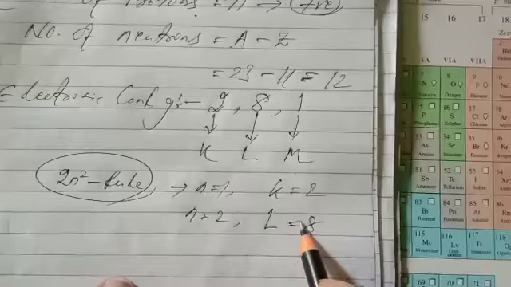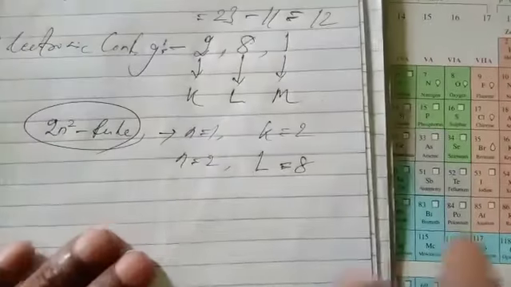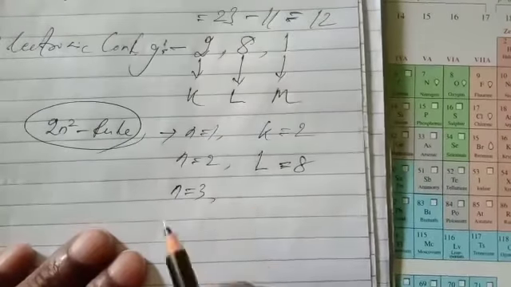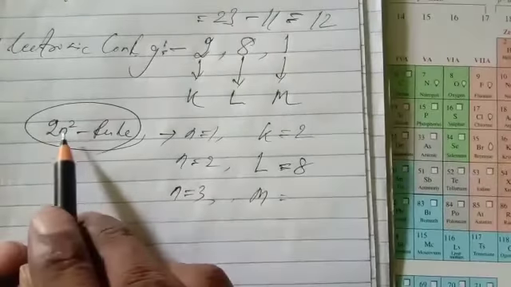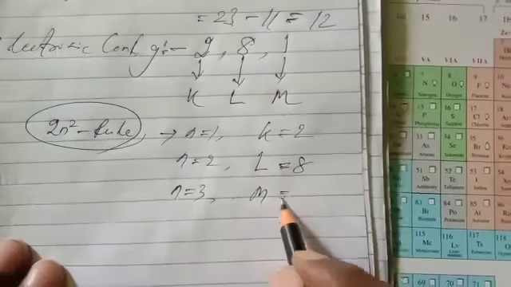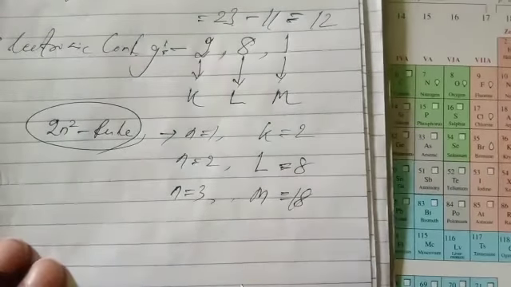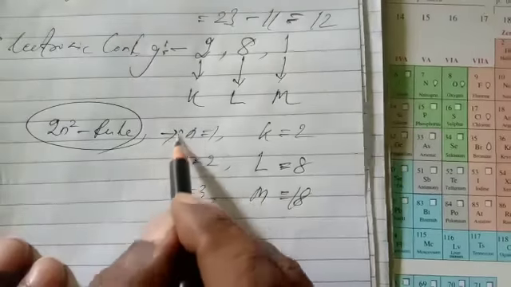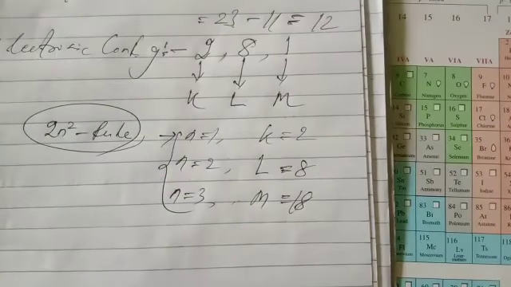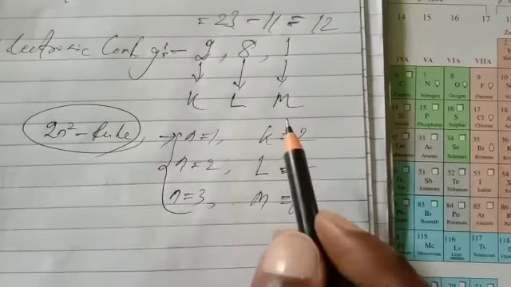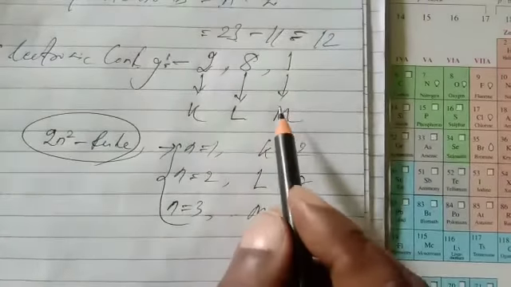Maximum 8 electrons can be present in L shell. Next, putting n equal to 3, the third shell name is what? M shell. 3 square is 9, 9 into 2 is 18. In this way, you can calculate number of electrons present in first shell, second shell, third shell, like that. Okay. That's for the octet rule: the last shell should not contain more than 8 electrons.